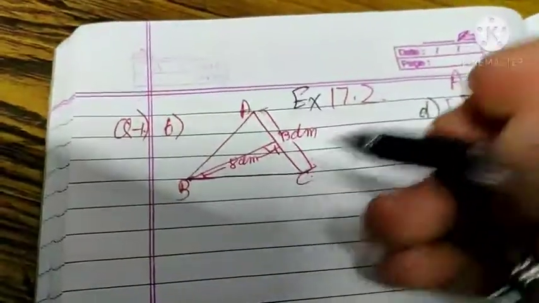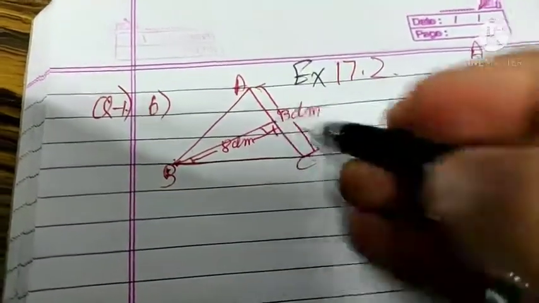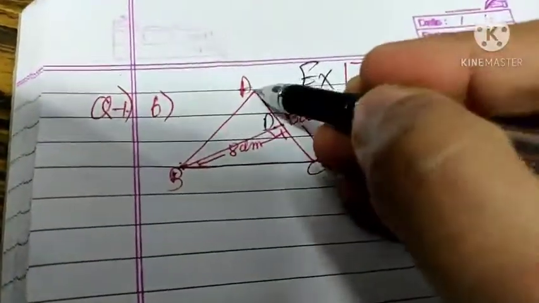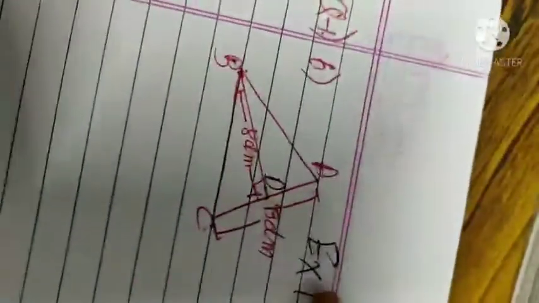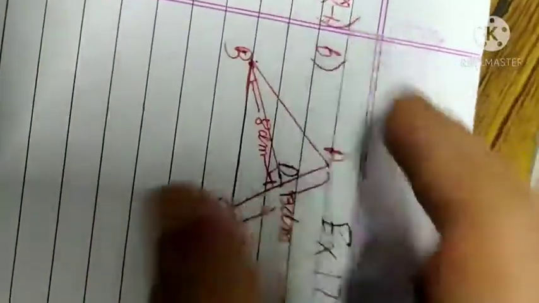Our first question says we have to find the area of the triangle. So here the altitude is given. Okay, this is the point D. Altitude given is BD. So what will be its base? Base will be AC. If you see the figure this way, this is the base and this is the height.